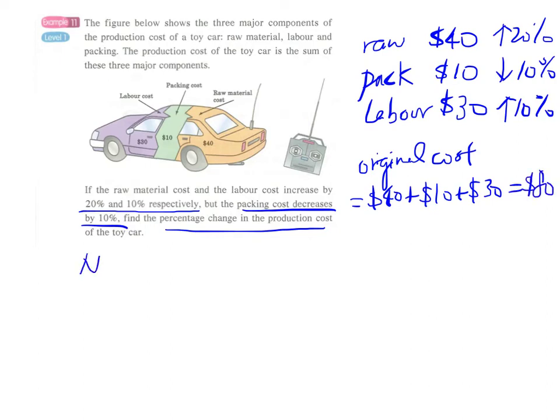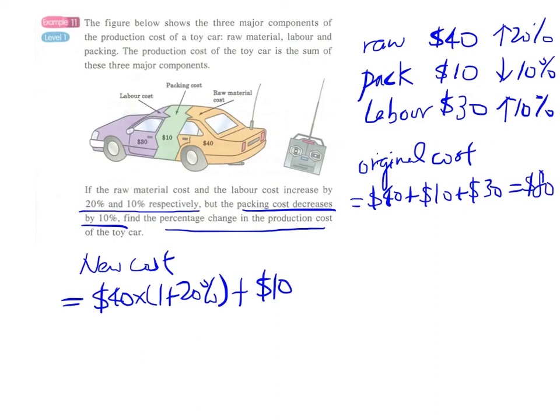And the new production cost: since raw material increased by 20%, we have $40 times 1 plus 20%, plus the packaging cost decreased by 10%, therefore plus $10 multiplied by 1 minus 10%.